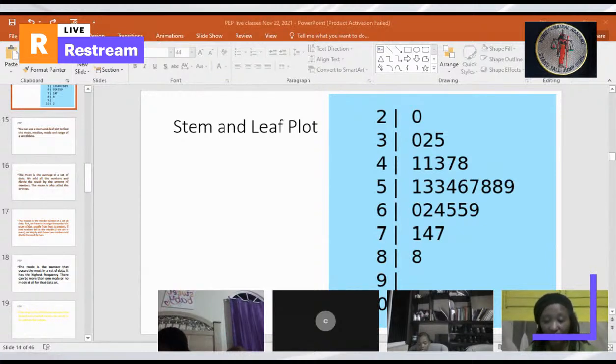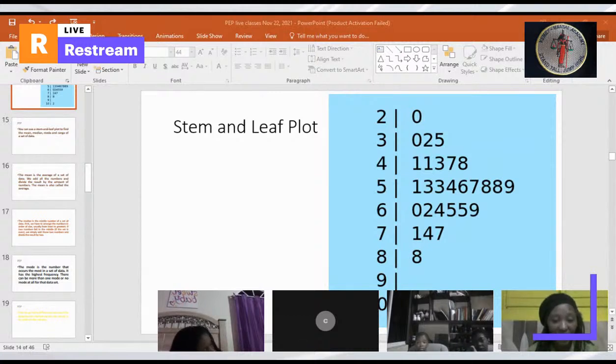Those aren't the actual numbers. We have to combine them first with the stems. So it's actually 2, 0, which is 20. And in the second row, it's actually 3, 0 first, that's 30. Then 3, 2, which is 32. Then 3, 5, which is 35, and so on.